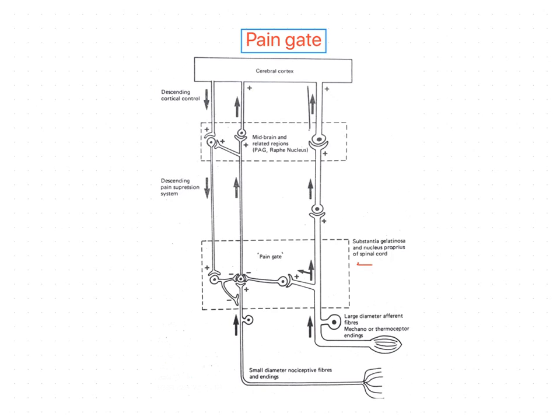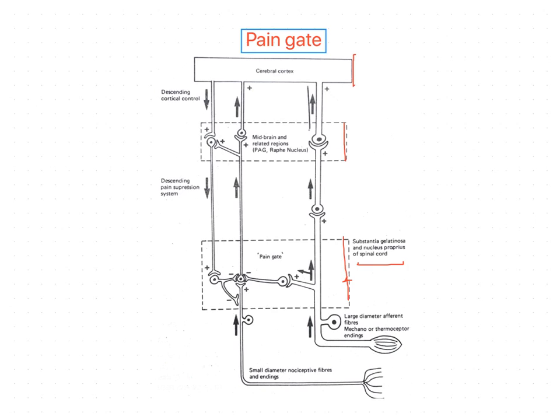So the substantia gelatinosa and nucleus proprius are present in the dorsal horns of the spinal cord. This is the dorsal horn of the spinal cord, this is the brain stem, and this is the cortical region.